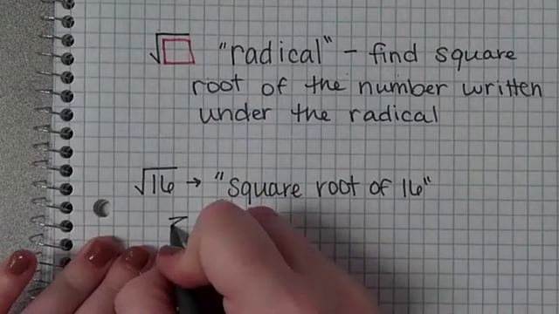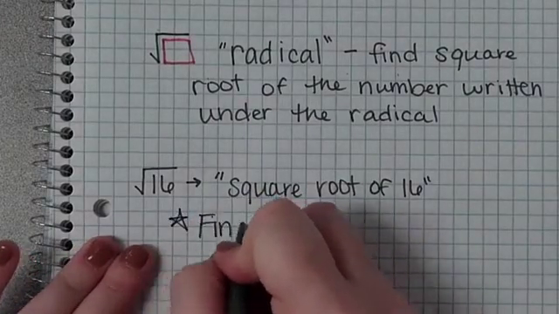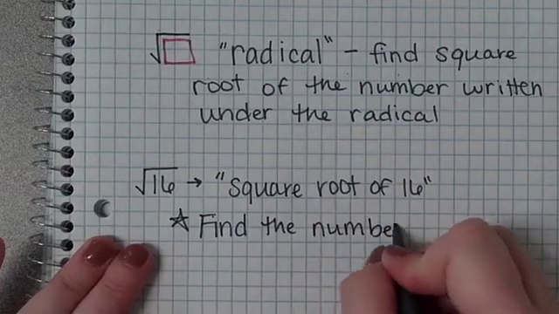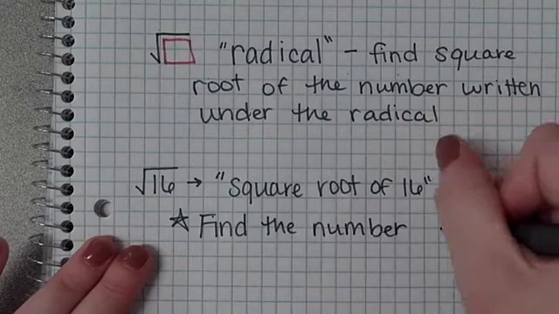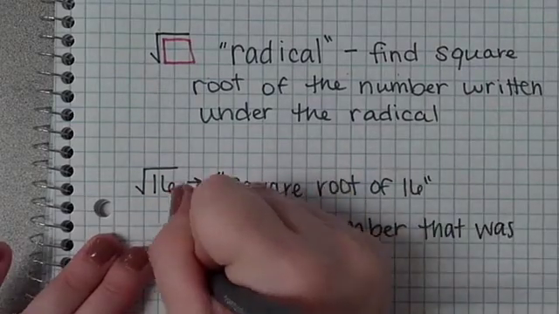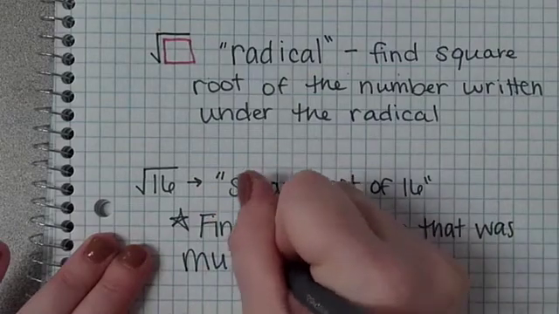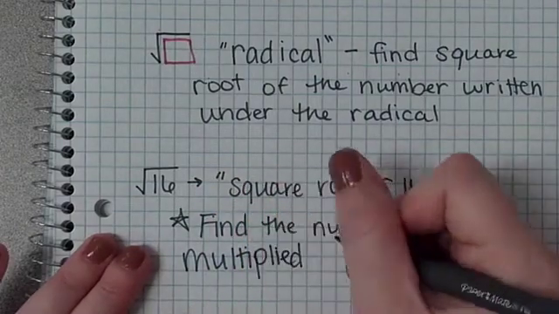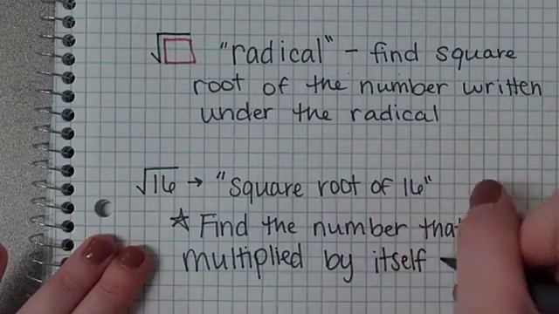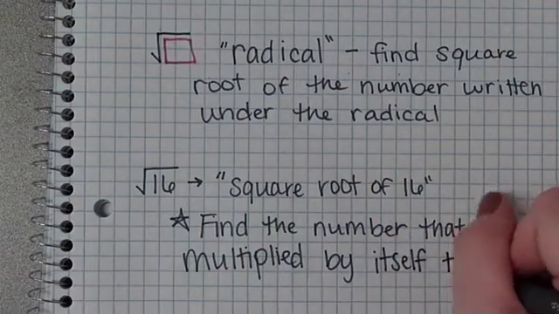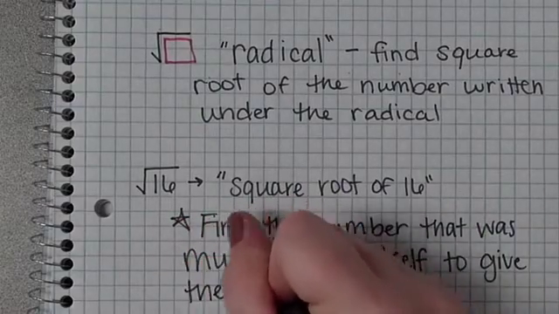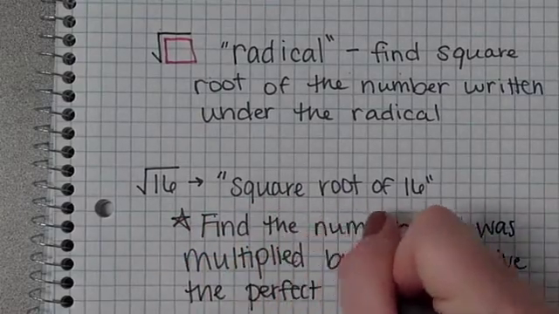You're finding the number that was multiplied by itself to give the perfect square.